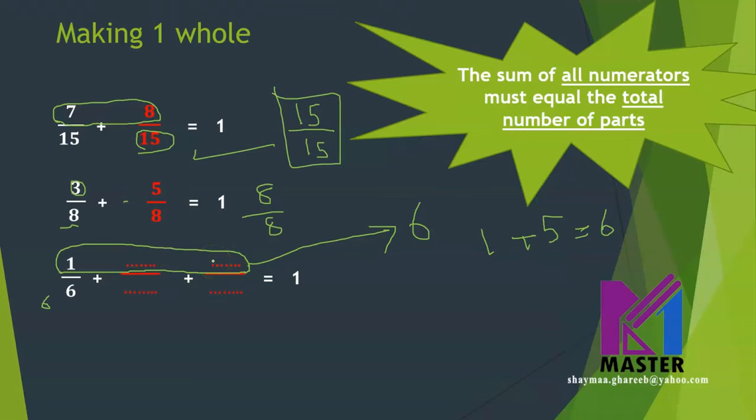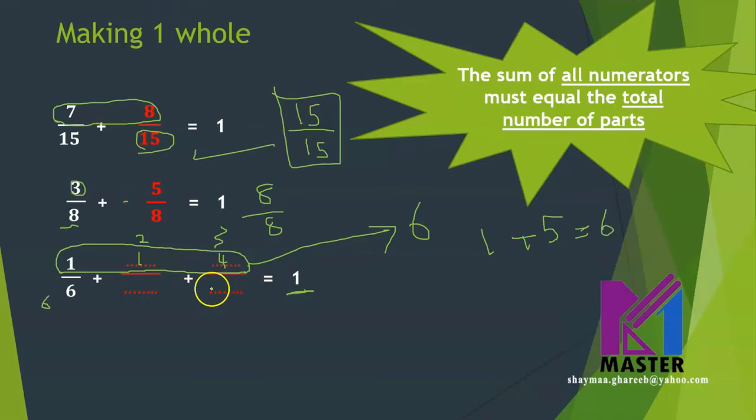There are many answers here. I can write them as 1 and 4. So now the total number of parts is 1 plus 1 plus 4 equals 6. Or I can write them as 2 and 3. 1 plus 2 plus 3 equals 6. So at the end, the total of all the numerators must equal 6 to make 1 whole.